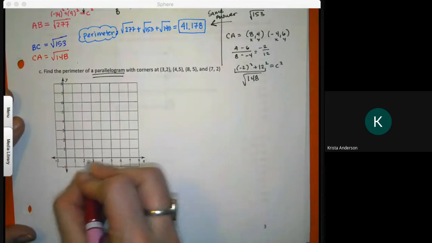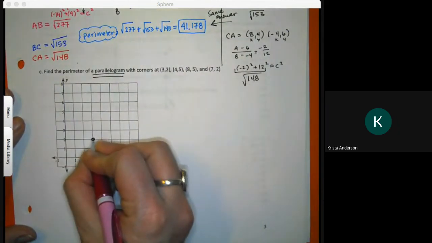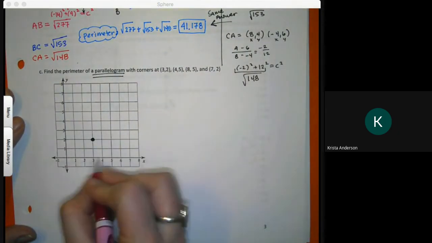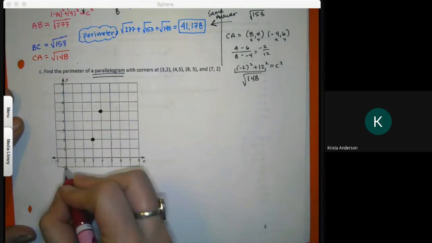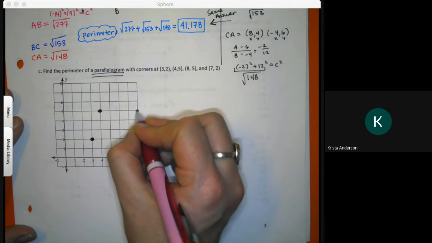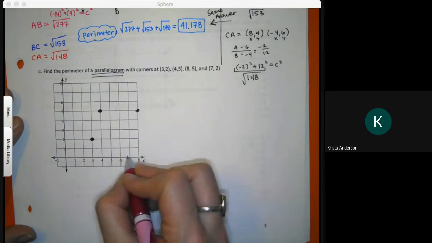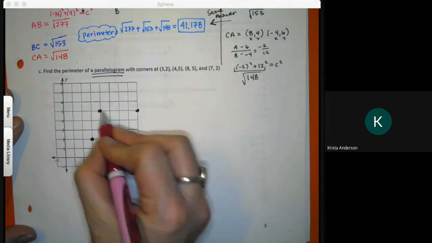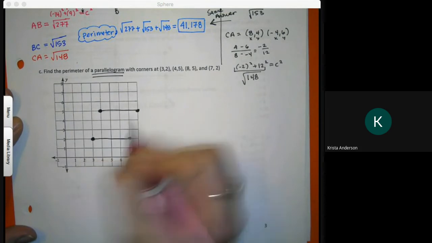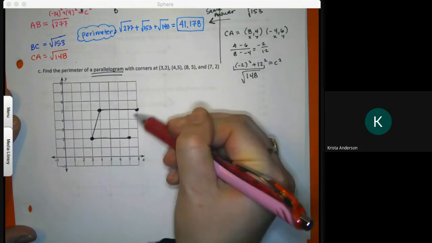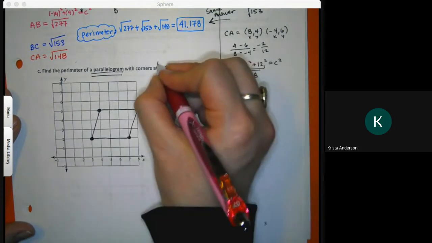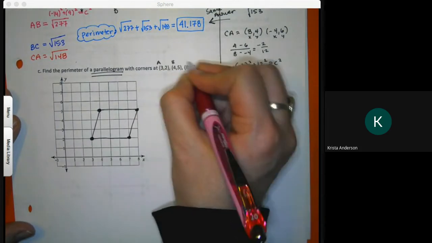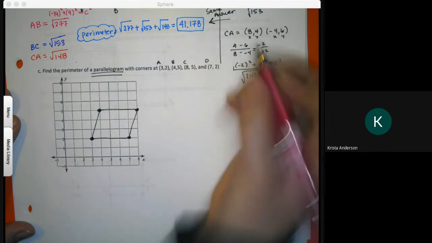It's over 3 up 2, over 4 up 5, over 8 up 5, over 7 up 2. If you want to label, you can. You do not have to.